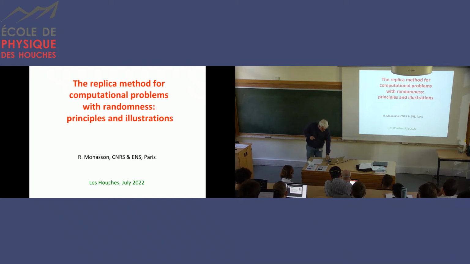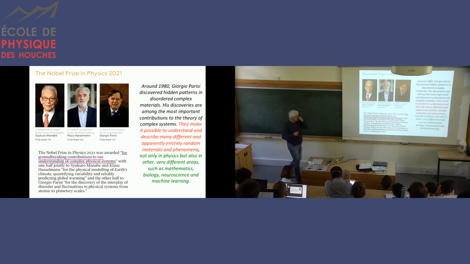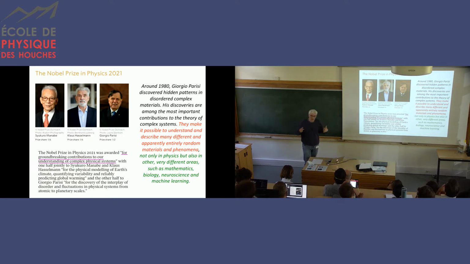So I just would like to say a few things with a short historical introduction. It's just 5 slides, so it will be brief. But I think what Lenka told us, and also Mark this morning, is how a lot of things already emerged in the 80s in statistical physics, with a lot of interdisciplinary application that was finally recognized by the Swedish Academy of Science a few months ago, when the Nobel Prize was awarded to Giorgio Parisi for half of the Nobel Prize.